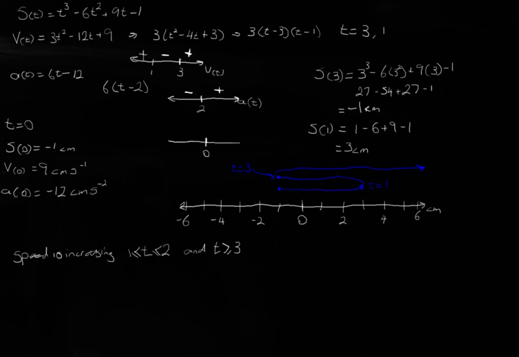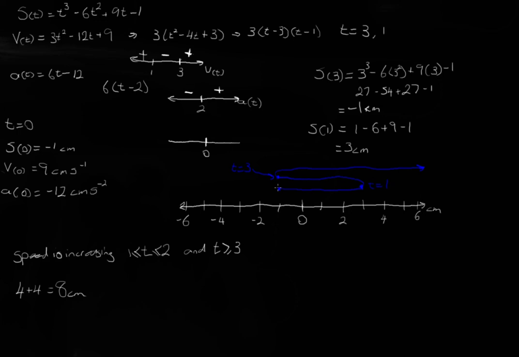So it's really just 4 plus 4 is equal to 8 centimetres. If the question asks what's its displacement after 3 seconds, well, its displacement is 0 because it's back where it started.